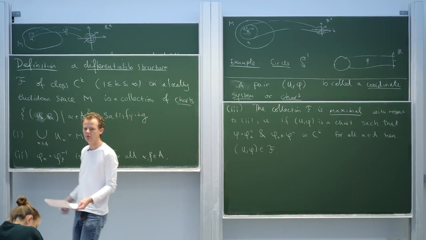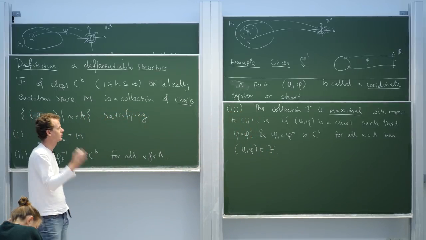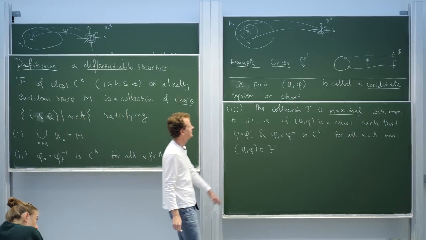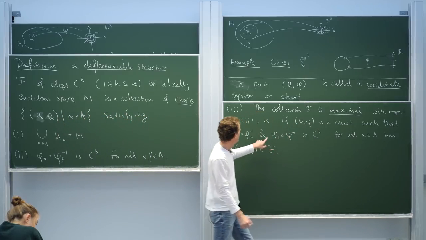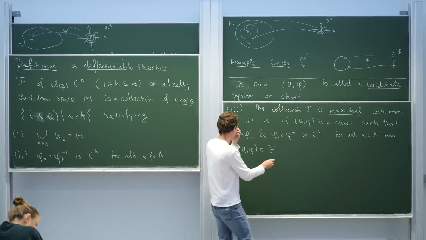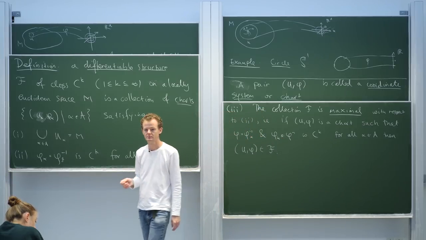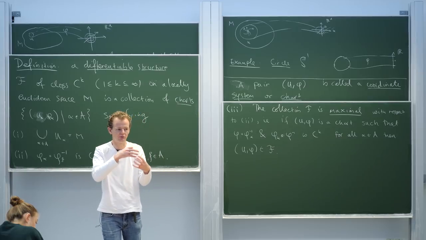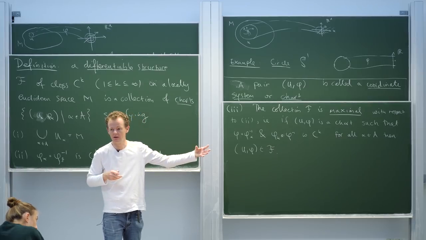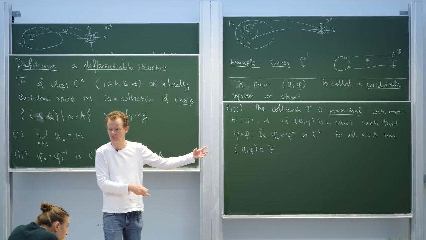So it's maximal with respect to the property that if a chart has that these functions are C^k, namely these charts are sort of compatible with all the other charts that are there, then you have to add it in to this differentiable structure.